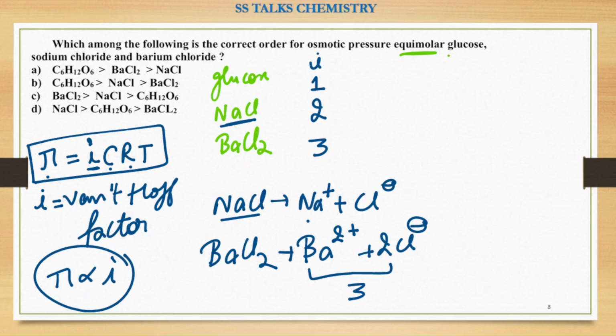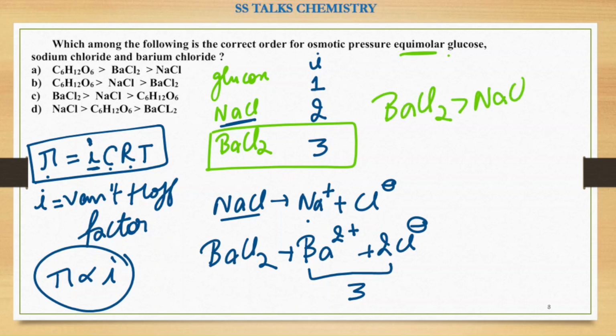So the maximum we are seeing is in the case of barium chloride, where the i value is 3, followed by sodium chloride, and the least for glucose. So this is going to be the order: barium chloride, sodium chloride and glucose, which is given in option C.